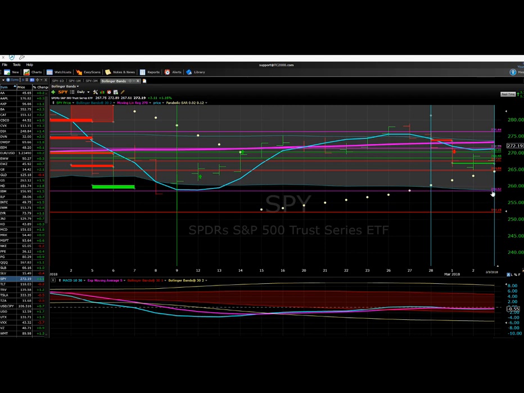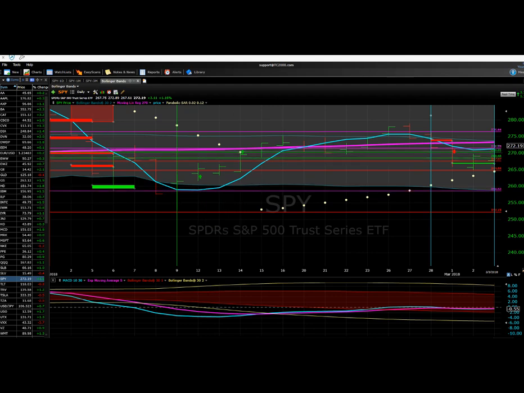Okay, so you can see this was yesterday's bar, Monday. So our mechanical entry would be right here around 270.32, and we would have a stop down here around 258 at the belly of the 10. Okay.